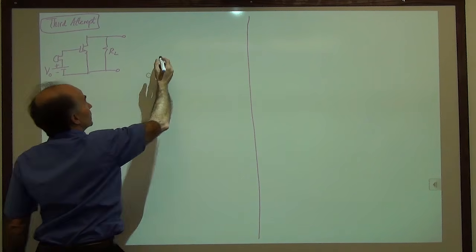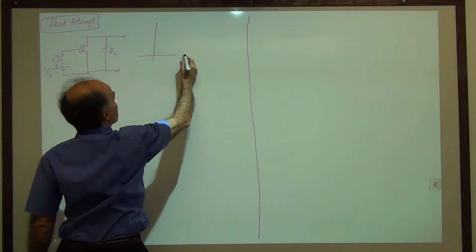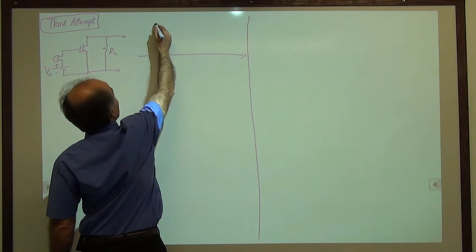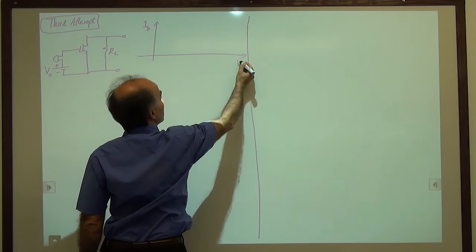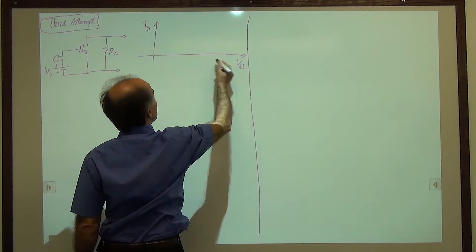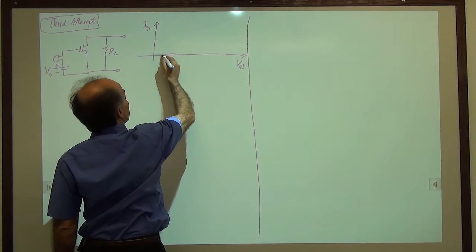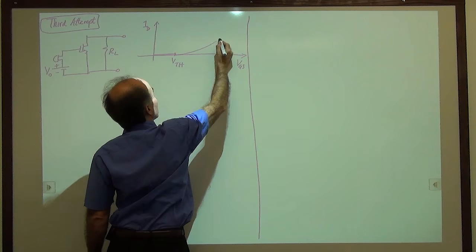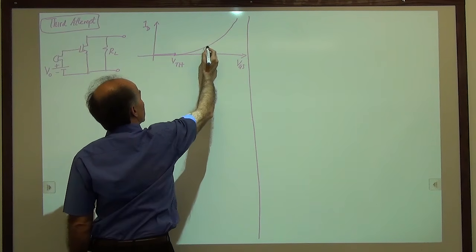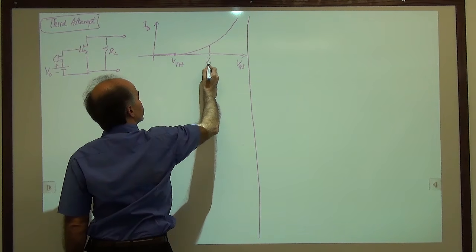And what we are thinking is this. If we plot ID versus VGS, we have nothing up to one threshold, and then we have something like this. What if V0 is over here?